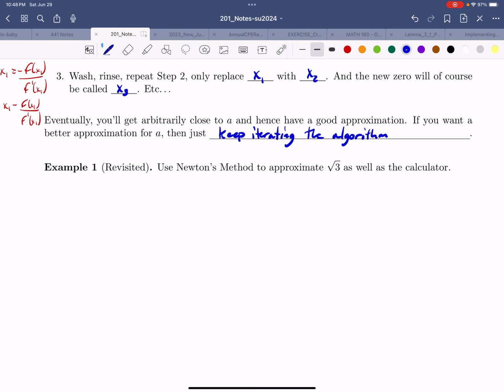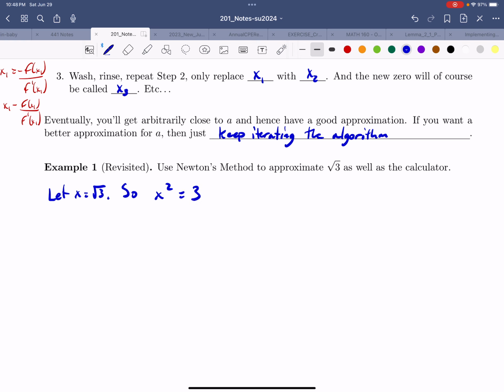So what we're going to do here, if I give you a problem like this, you need to come up with f of x. Just like if I said approximate 3.99 squared for a linear approximation problem, you'd have to say, ooh, f of x equals x squared. Well, here we're going to say, let x equal the square root of 3. So x squared equals 3.